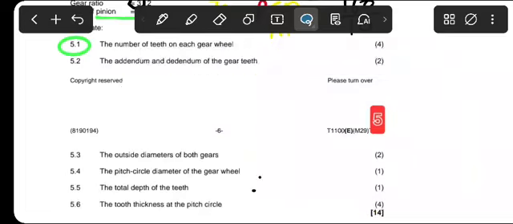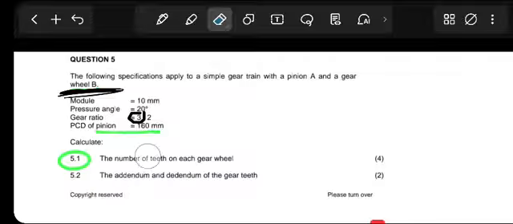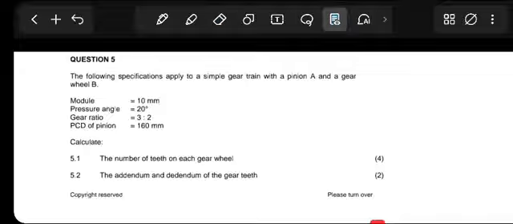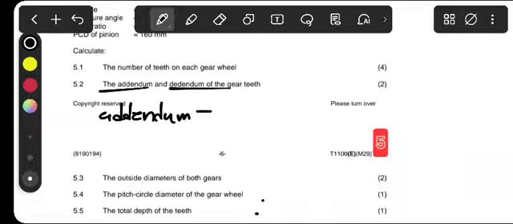This is how you go about dealing with those. So now we want the addendum and dedendum. We've been discussing this a lot, guys. The addendum is equal to the modulus, and the modulus is 10 millimeter.